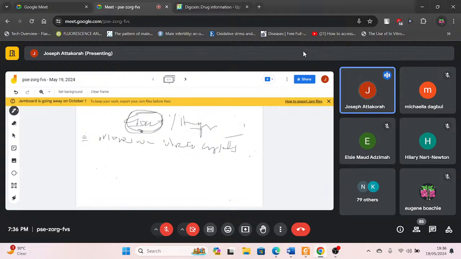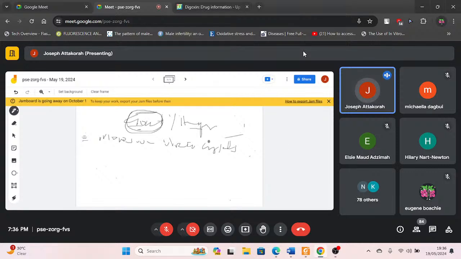So gout is a common inflammatory joint disease caused by deposition of monosodium urate crystals in the joint and soft tissue following chronic hyperuricemia. Hyperuricemia is just higher levels of uric acid above the normal range.